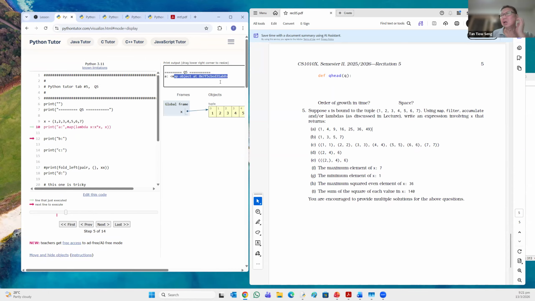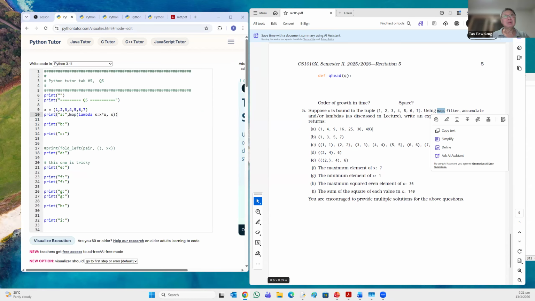You don't get a value. This guy is actually an iterator. The system map is giving you an iterator. So if you don't want the iterator, then you need to make it into a tuple. So there will be a tuple here. Or you write your own map, but this map is a system map.